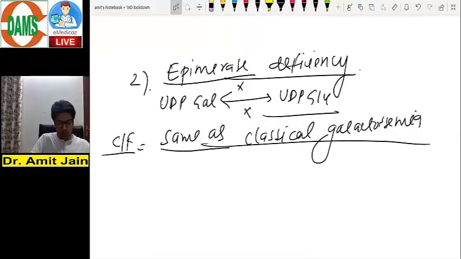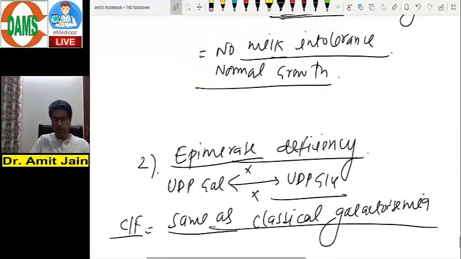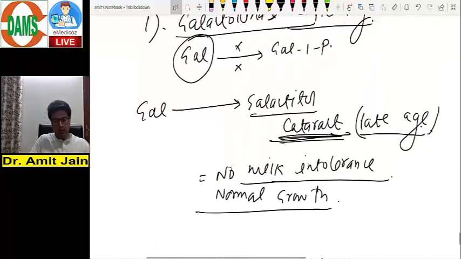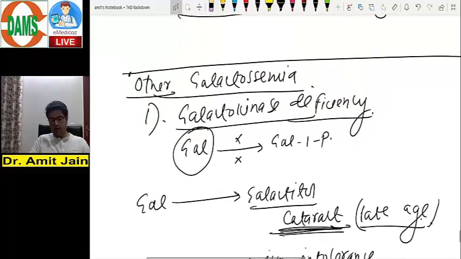There is a question from Kanchan: why is there no milk intolerance? The milk intolerance, why the vomiting is not there, is unexplained, right? But one thing I can tell you is that the ATP status of the body, especially the liver, is not affected.